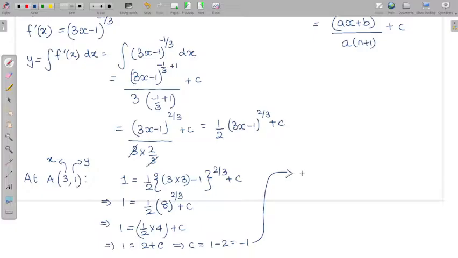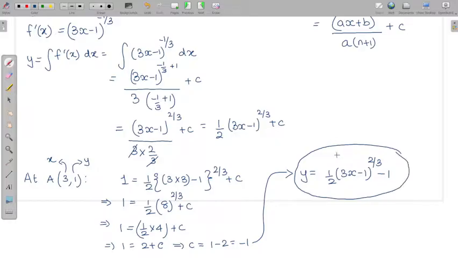So by using this c value, we can get our final equation of the curve, which is half bracket 3x minus 1 to the power of 2 by 3, minus 1. Okay, so this expression that I've got is the equation of the curve.